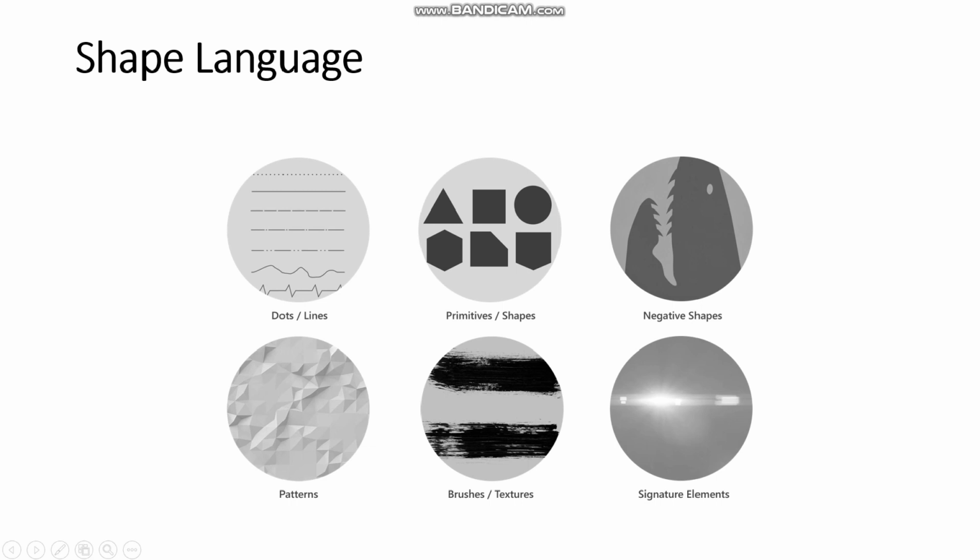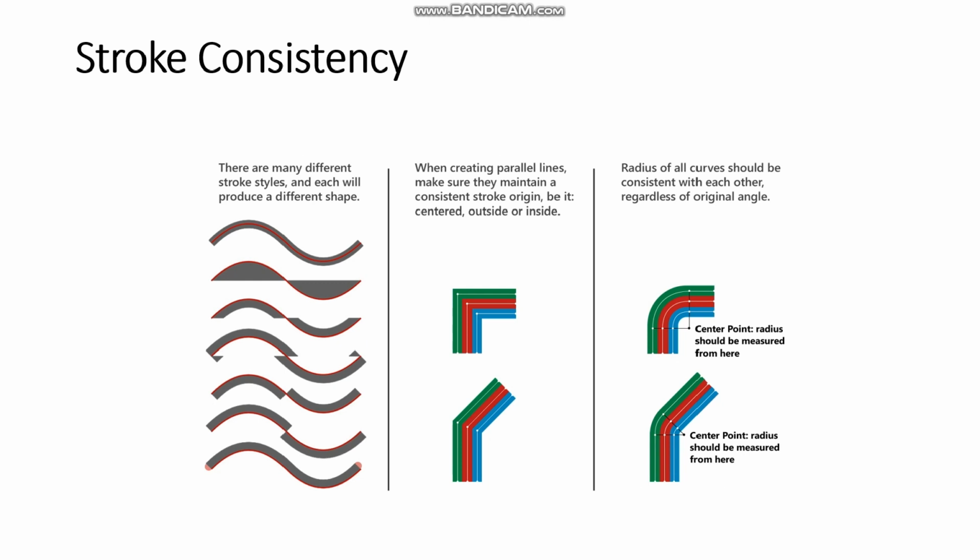And then shape language, which we have learned about. We have primitive shapes, patterns, negative shapes, and so on. There are many different stroke styles and each will produce a different shape. When you create parallel lines like this, the radius should all be consistent, guys.